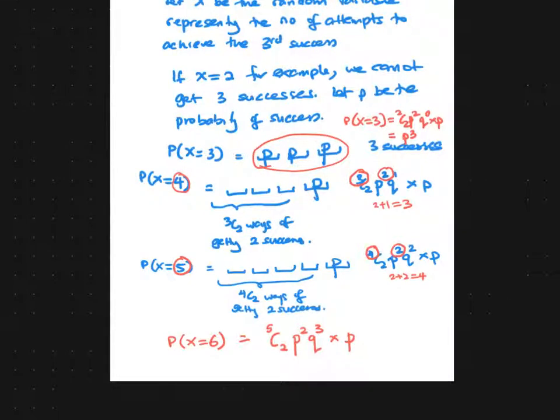So turning to the next page, we are now in a good position to generalize the PDF of a negative binomial.